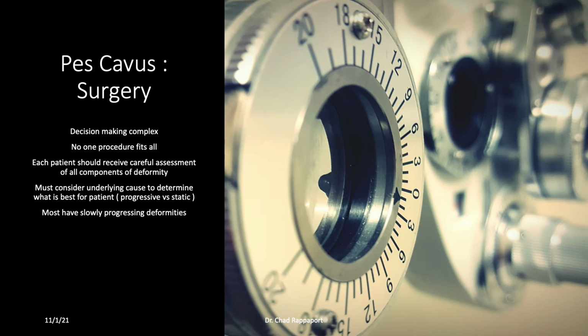Primarily, this revolves around determining whether or not this deformity is going to be progressive or is likely to be static in nature. Most patients that we see have slowly progressing deformities.